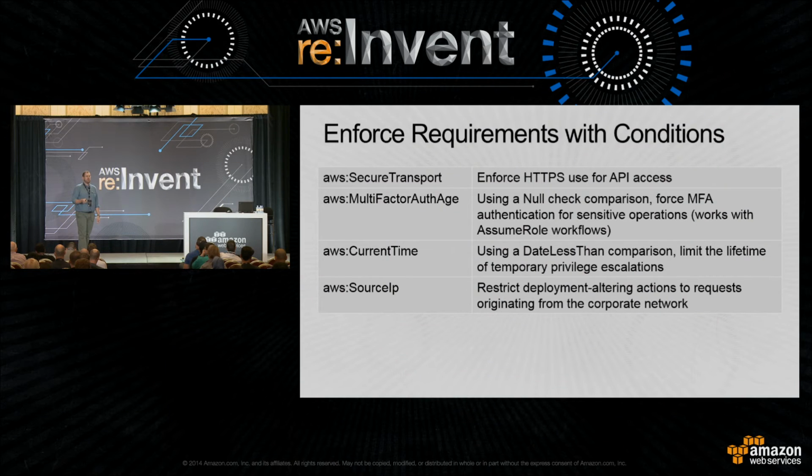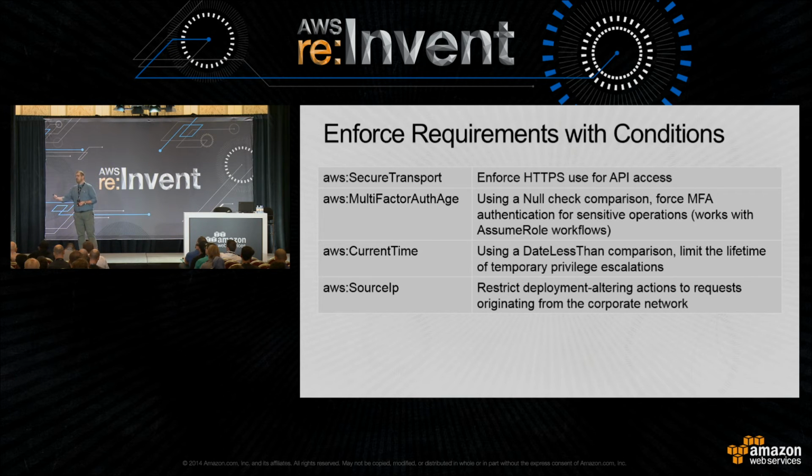So you can also use conditions to enforce this. And this can get rather confusing, and you can end up putting yourself into a tough place by overusing conditions. But there are 4 that are really kind of interesting. You shouldn't have anyone accessing your APIs without using HTTPS at this point. So you can actually write all of your policies to say, this can only be done if the user is using HTTPS.